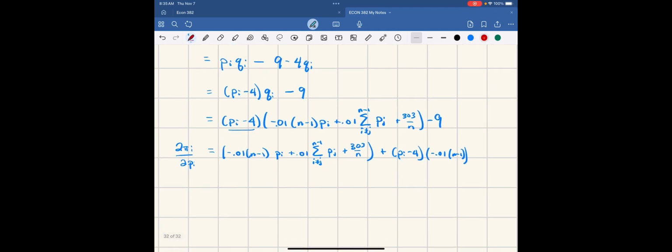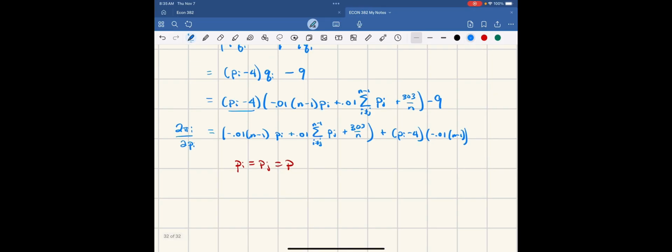Now at this point we can notice that because each firm has the same cost function and the same demand function, we can assume that p_i is equal to p_j, which is equal to just one price. All the firms are charging one price. Therefore, we get negative 0.01 (n minus 1) p plus 0.01 times the summation, where we're adding up all the prices, now with no subscript, up to n minus 1.